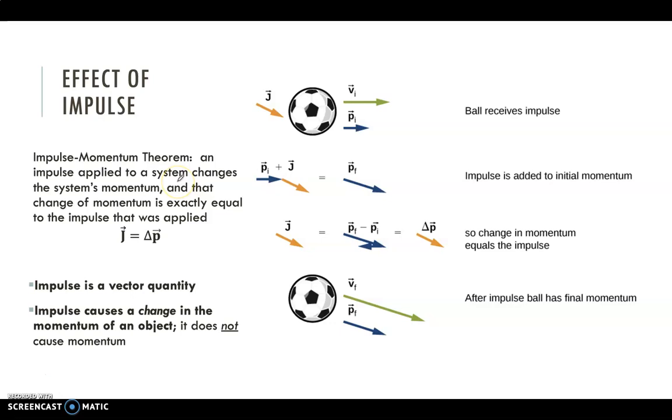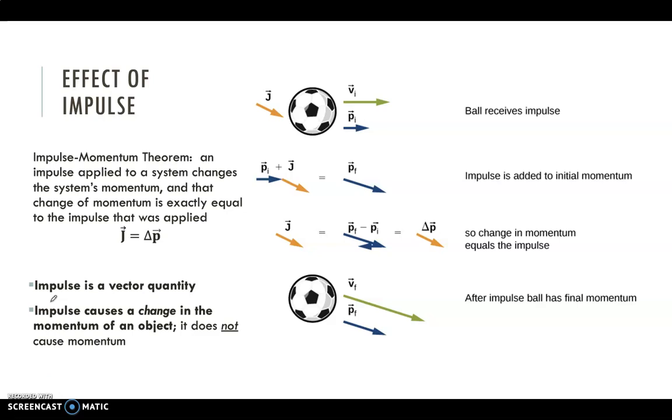We already said that impulse is a vector quantity, but we want to make sure that we understand that impulse causes a change in the momentum of an object. It does not cause the momentum, but it causes a change in the momentum of an object.